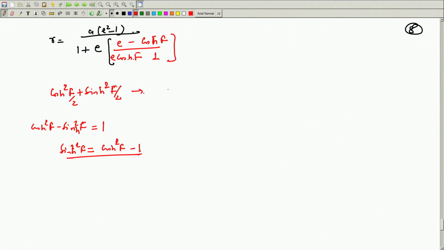So, this term then becomes cos hyperbolic square f by 2 plus cos hyperbolic square f by 2 minus 1. So, that means this is 2 cos hyperbolic square f by 2 minus 1, which is nothing but cos hyperbolic f, and which we have used here.